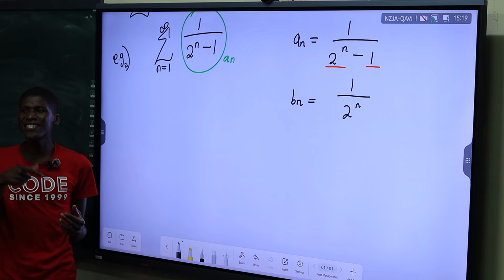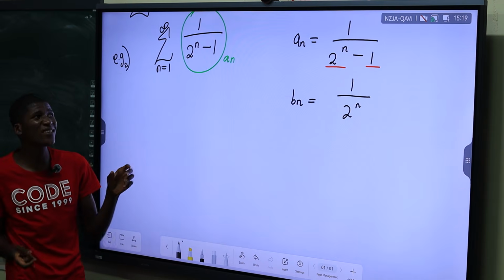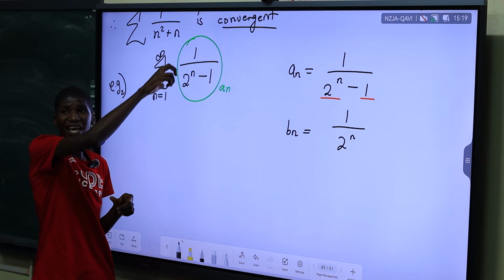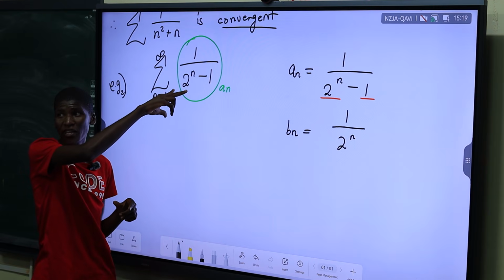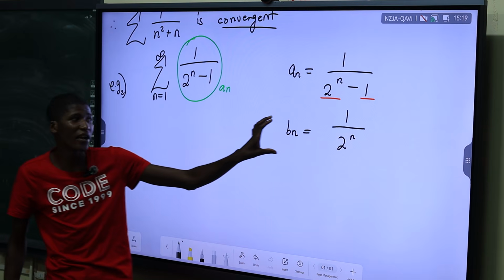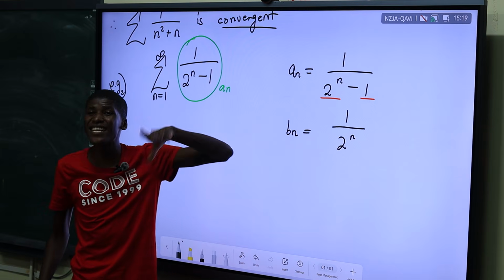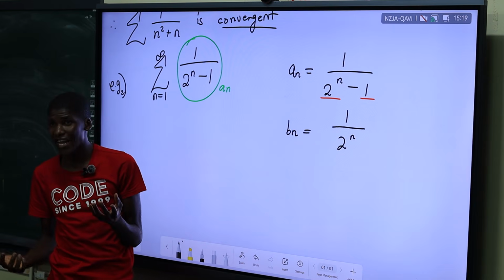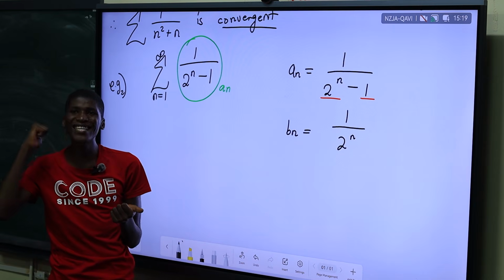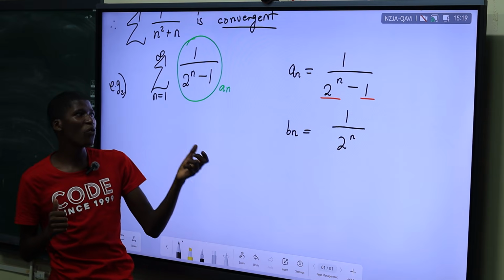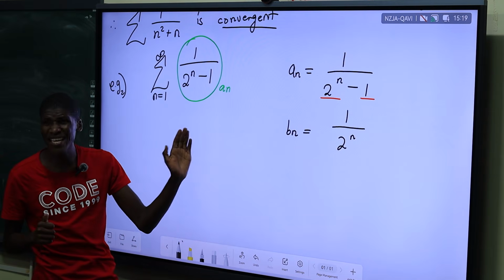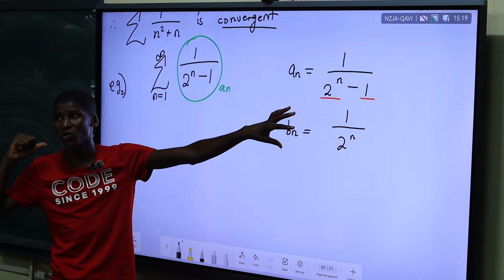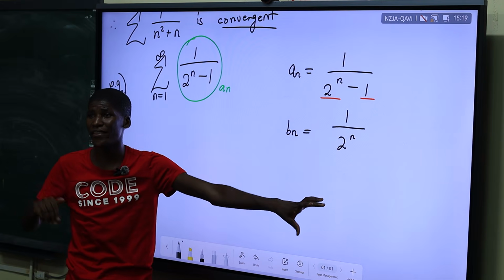It still behaves similar to a comparison test, because you create a new sequence bn from the numerator and the most significant denominator. That's why we still call it a comparison test. In the normal comparison test, an was greater than bn, but bn was not divergent as the instruction was saying, so you cannot continue.